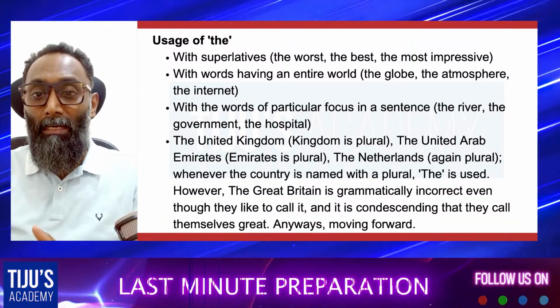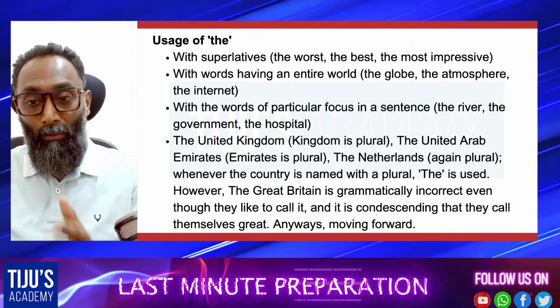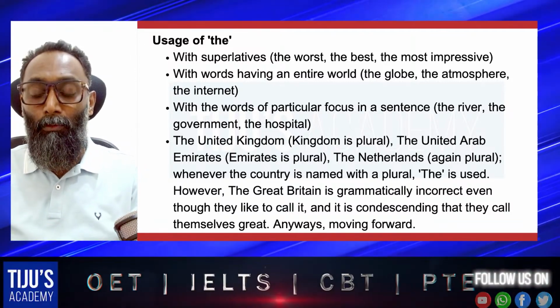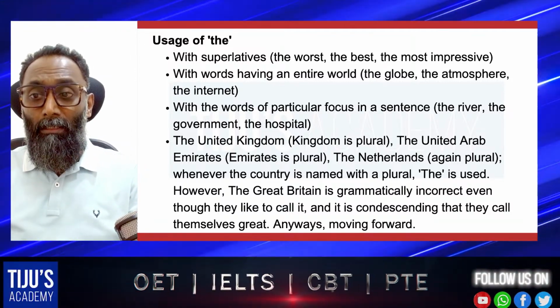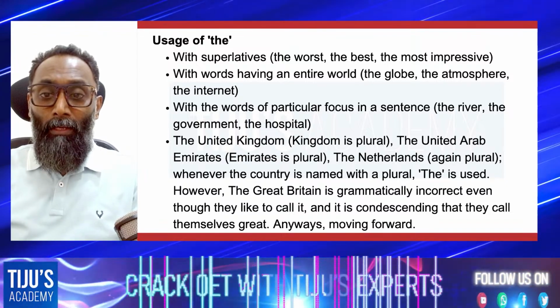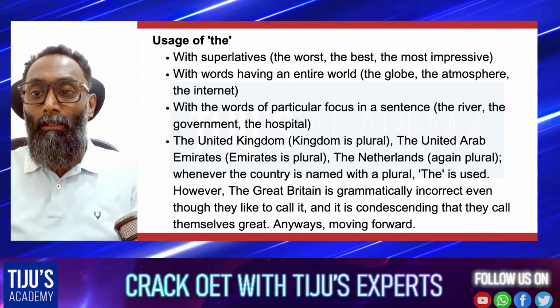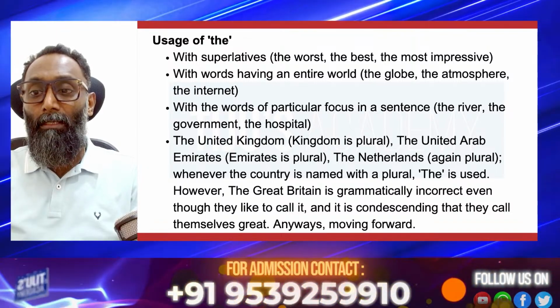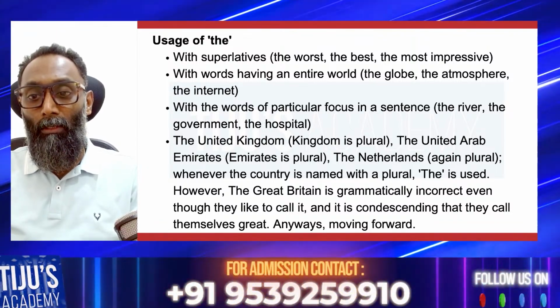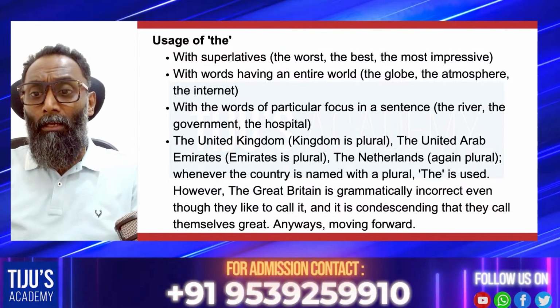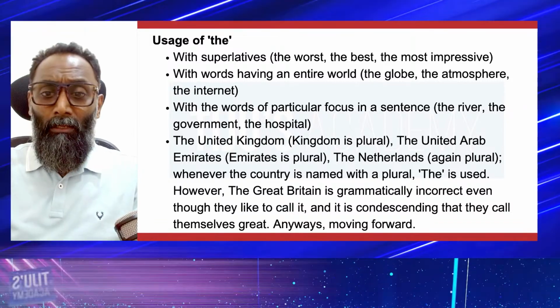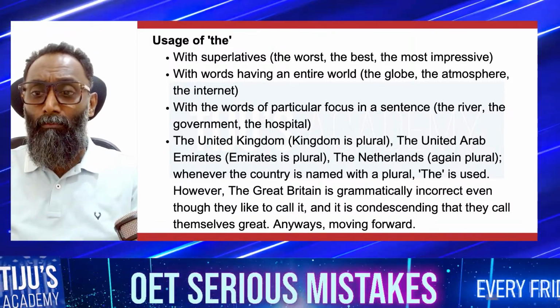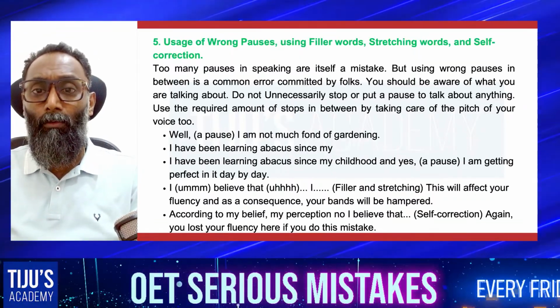The United Arab Emirates, Dubai, UAE. Emirates is plural. The Netherlands, again plural. Whenever the country is named with a plural, the is used. However, the Great Britain is grammatically incorrect, even though they like to call it that, and it is condescending that they can call themselves great. Anyways, moving forward.